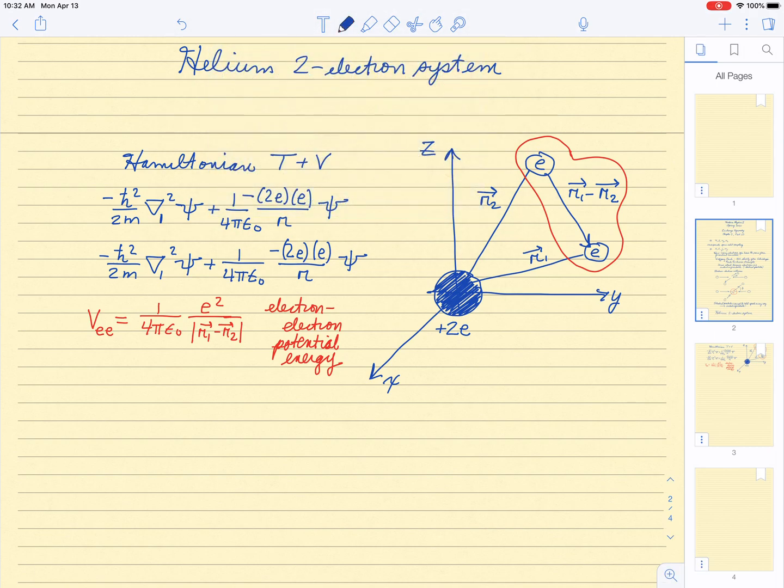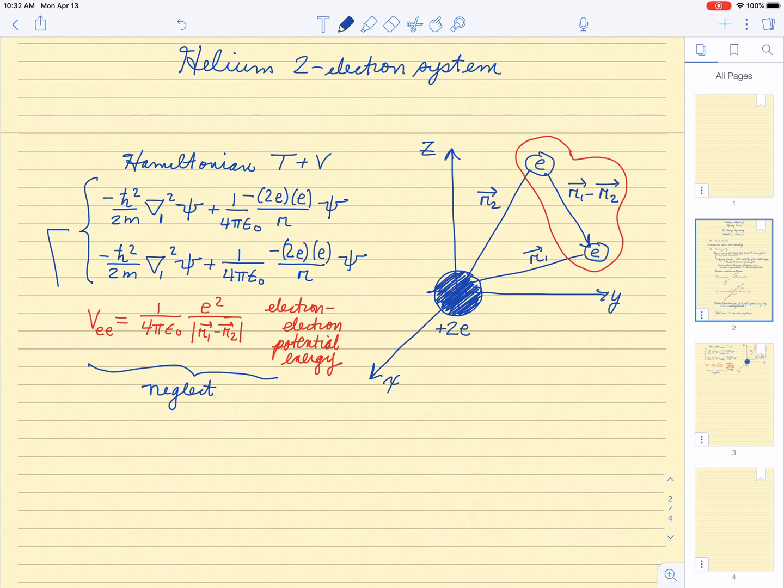So we're going to neglect this, and we'll deal then just with these two one-particle Hamiltonians.